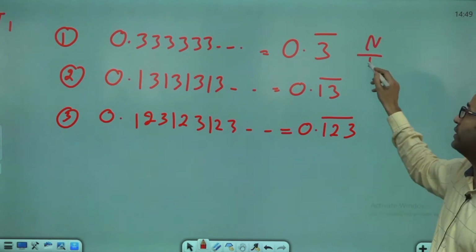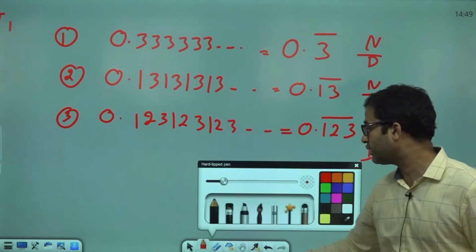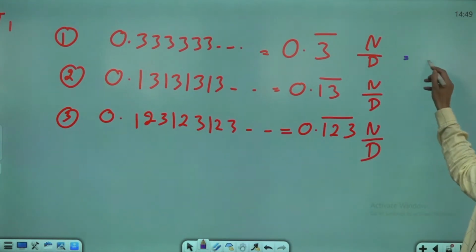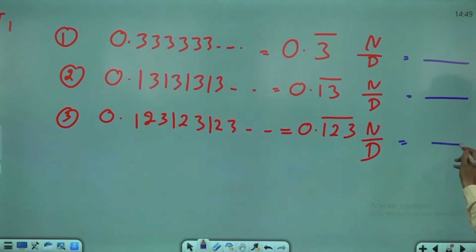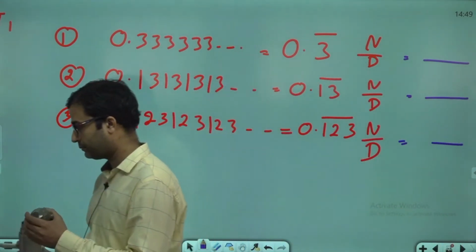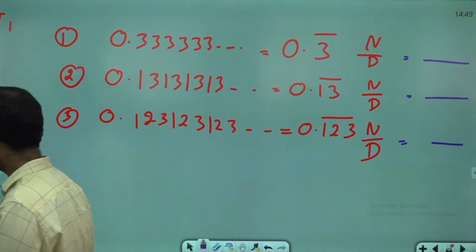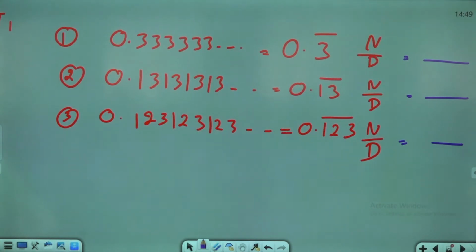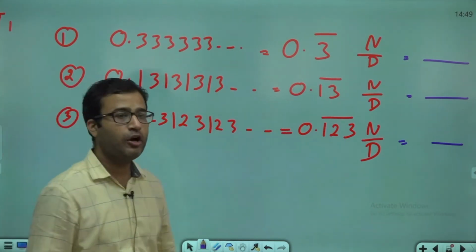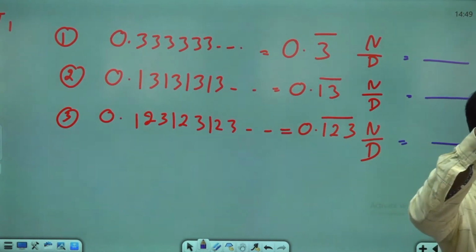Numerator by denominator. So here, first I tell you the rule for denominator. In the denominator we have as many 9s as many digits under the bar.